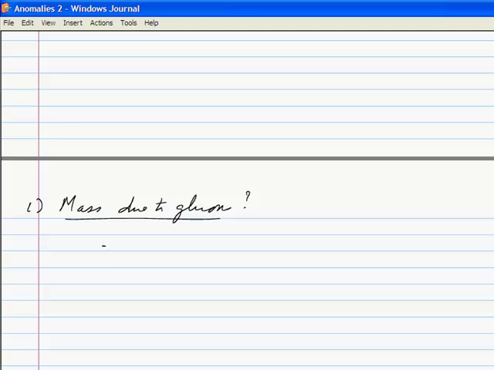Let's put a lot of gluons in the vacuum. Actually, there's a good deal of evidence that the vacuum matrix element of F squared is not equal to 0.